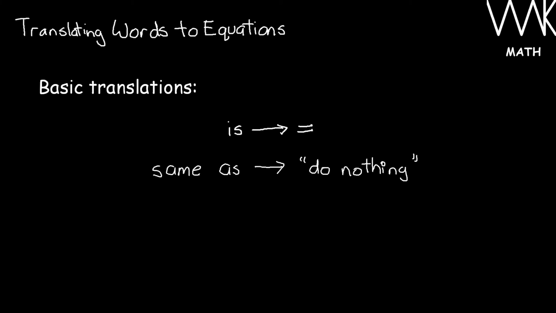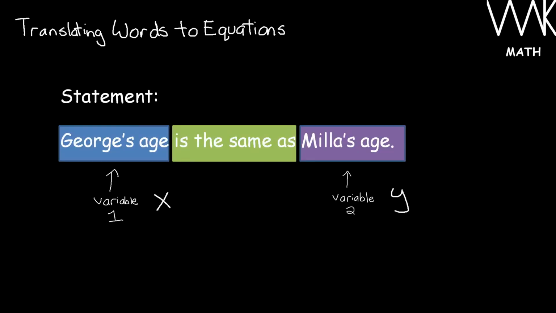So if you see the same as, you literally do nothing, especially when you combine these two. Now we have an understanding of is the same as. Let's go back to our previous statement. Is the same as is literally equal sign. So we could write the statement as x equals y.